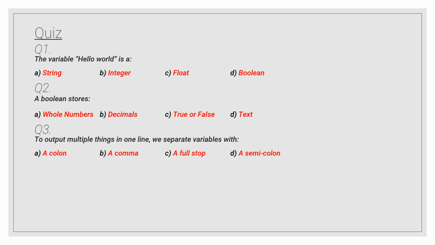Question 3. To output multiple things in one line, we separate variables with A, a colon, B, a comma, C, a full stop, or D, a semicolon. Question 4. The variable 1.0 is A, a string, B, an integer, C, a float, or D, a boolean.